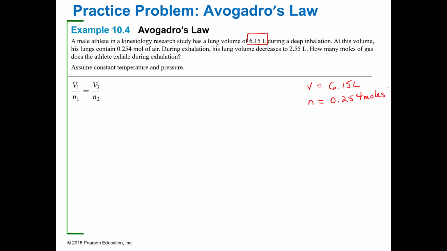And remember, air is a mixture of different things. And during exhalation, his lung volume decreases. So we got a new volume. So the new volume is 2.55 liters. And it wants to know how many moles of gas does he exhale.